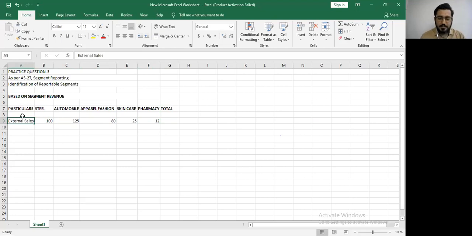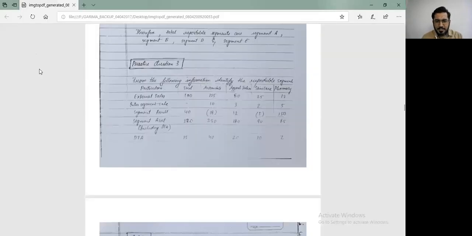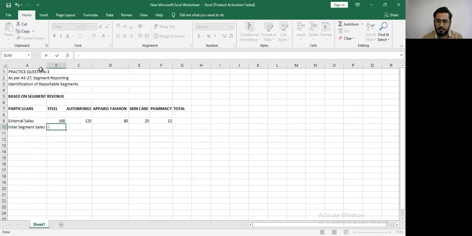Then we go to inter-segment sales. Inter-segment sales in the question are nil, 10, 3, 2, 5. So we have nil, 10, 3, 2 and 5.